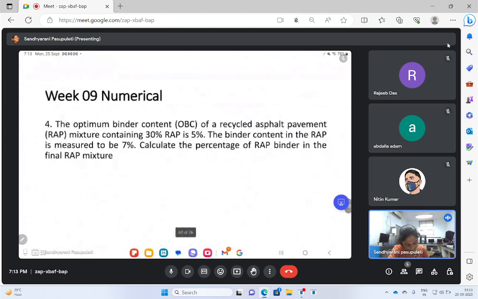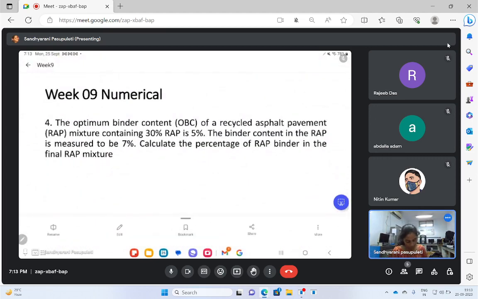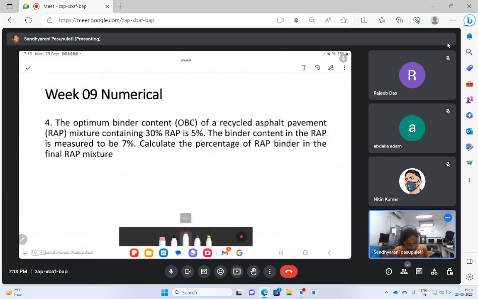And the fourth question is a question we will solve. The optimum binder content of a recycled asphalt pavement RAP mixture containing 30% RAP is 5%. That means the binder content in RAP is given as 5% and the RAP percentage is given as 30%.